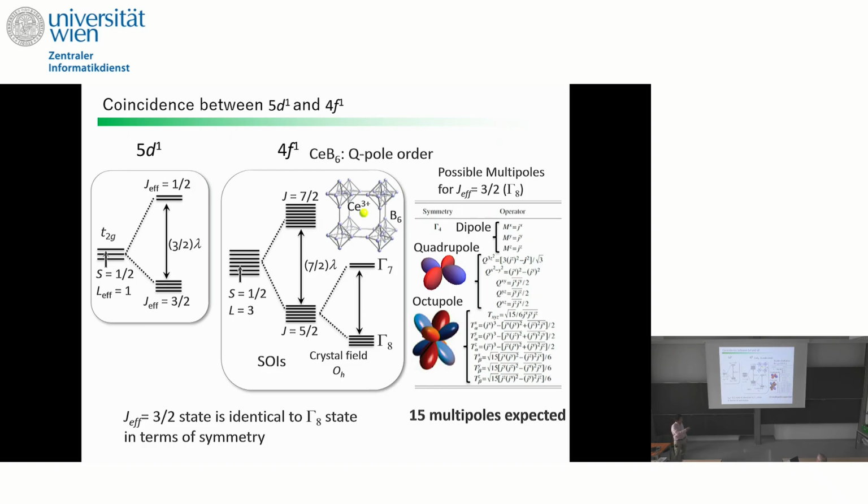So from this state, people know we can have dipole, quadrupole, and octupole moments. In total, 15 possible multipoles can be realized from the J = 3/2 state.